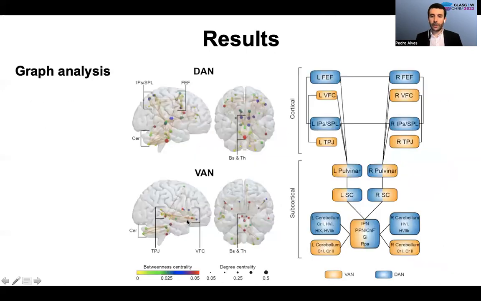In graph theory analysis, we showed that these subcortical nuclei have high values of degree and betweenness centrality, showing that these nodes not only belong to the network, but they might also have a core role in their organization.